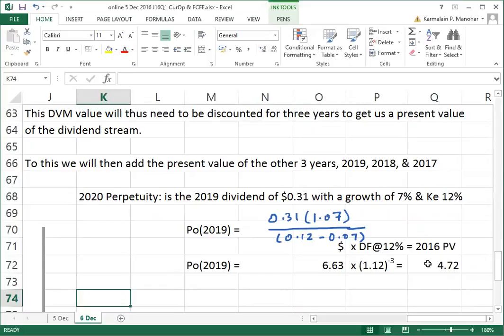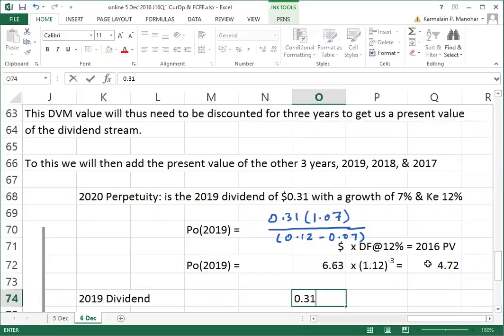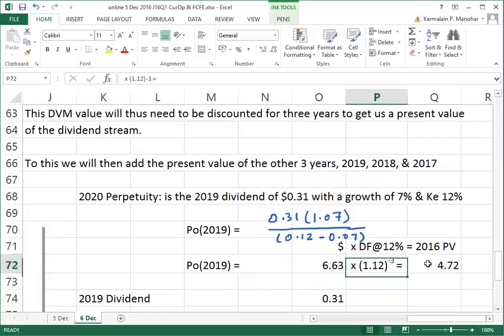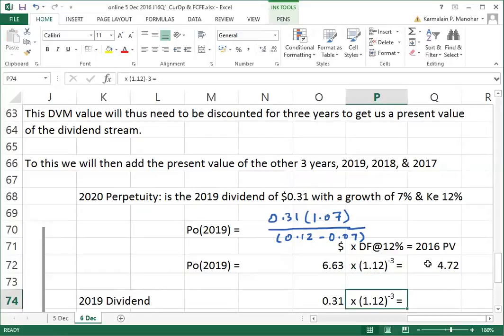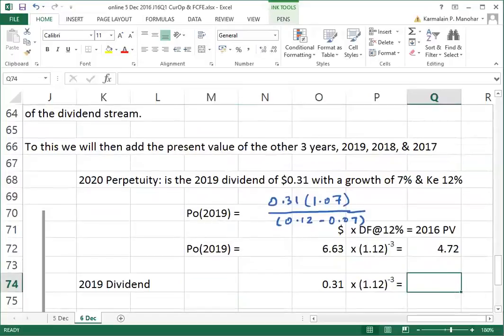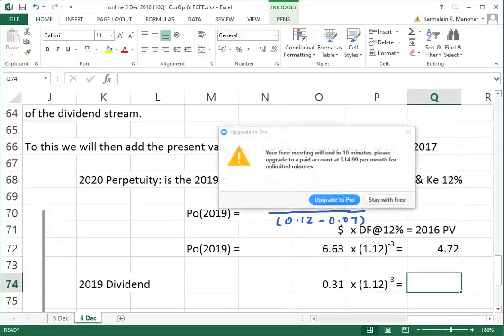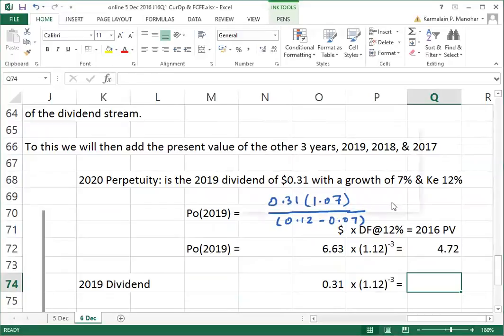And that's that. So the 2019 dividend, we know that was the 31 cents. There's nothing else we need to do with that apart from discount it. 0.31 and the same discount factor, because that is also a 2019 cash flow. Everybody good? Discount that, give me a value.